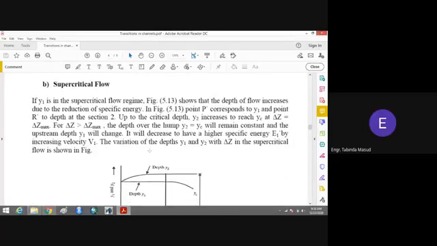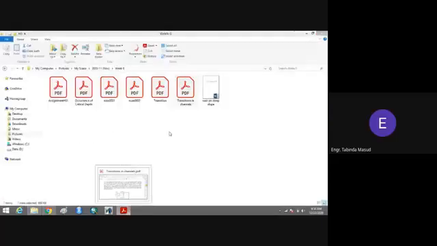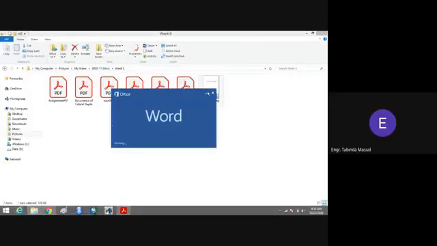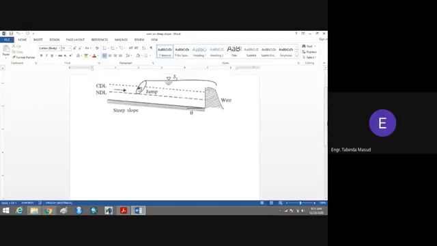Okay, this is the situation for the supercritical flow. First of all, we will look into the actual physical situation. You can see in this figure that we have a steep slope.